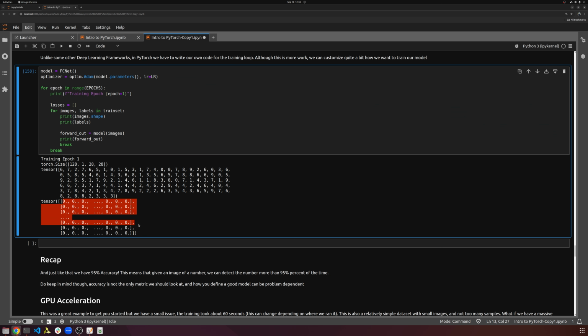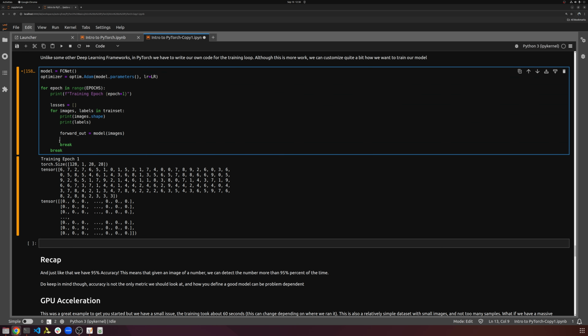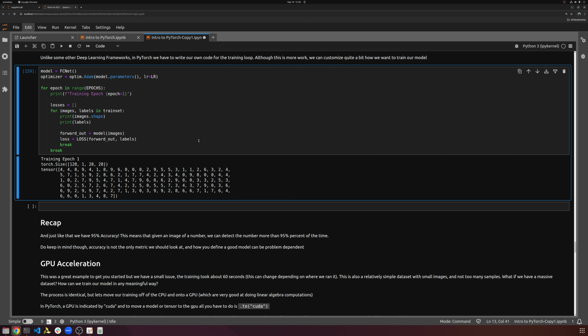These are the current predictions of the model, whatever they may be. What's next? We need to compute a loss. We're going to do loss is equal to that loss function we defined earlier between the forward out and the labels. So print the loss.